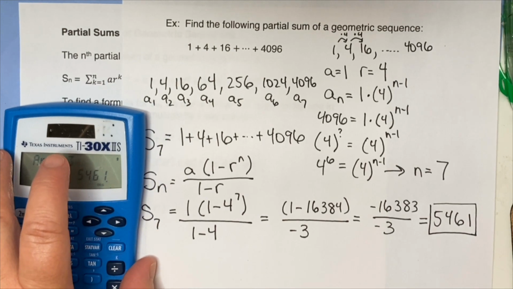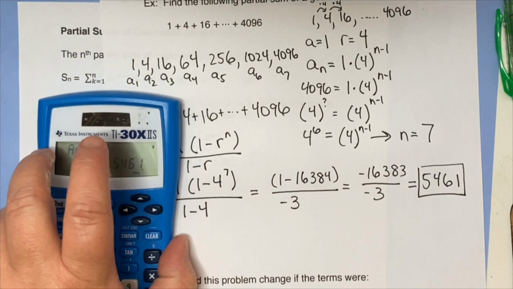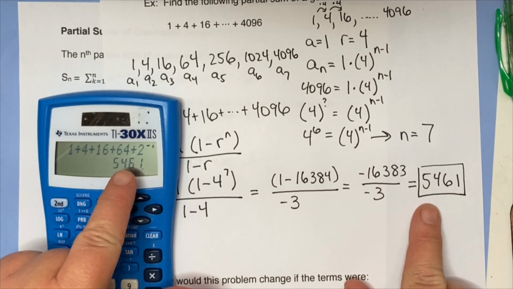So, you know what we can do? There are only 7 terms, so we can check this by actually just adding them all together, which is kind of a pedestrian way to do it, but we can do it. 256 plus 1024 plus 4096, and I get the same number.